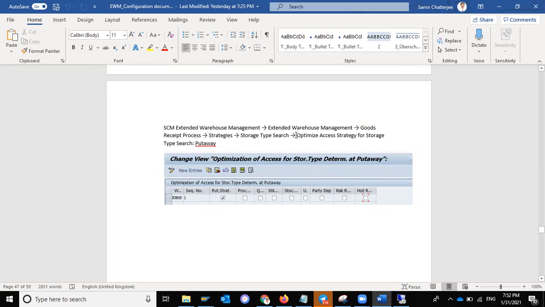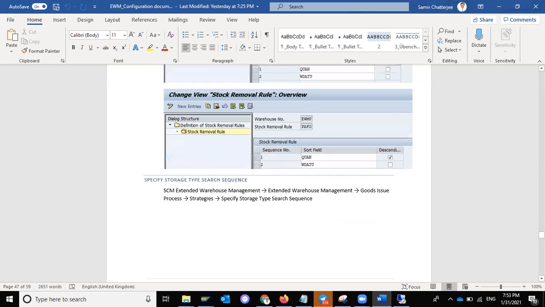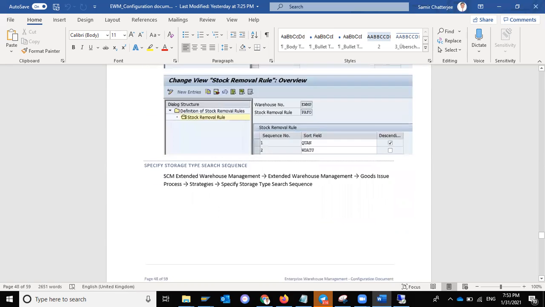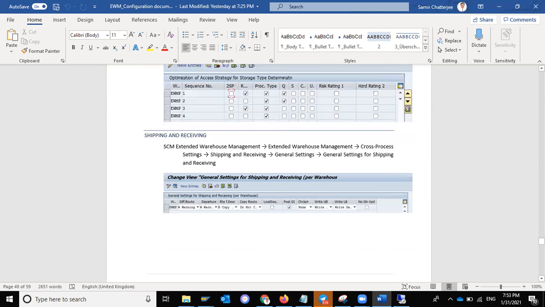Now we can also do the optimization of stock removal, just like FIFO, the particular stock removal strategies optimization.